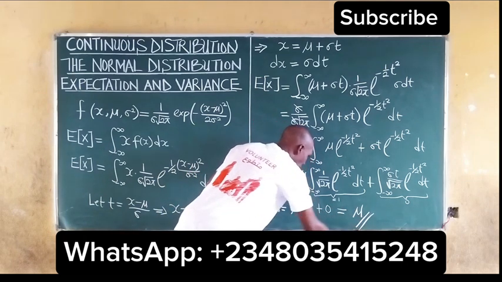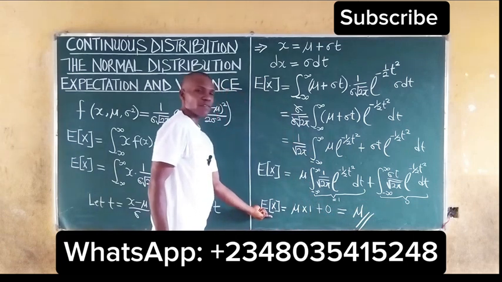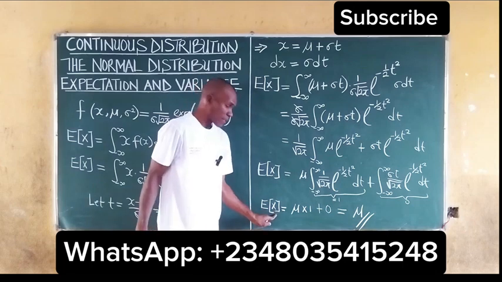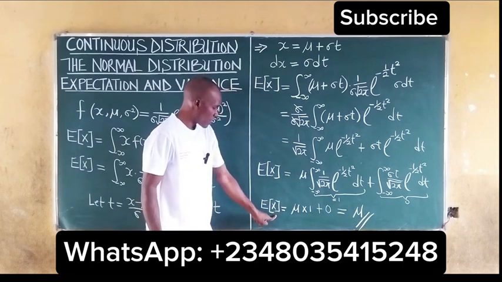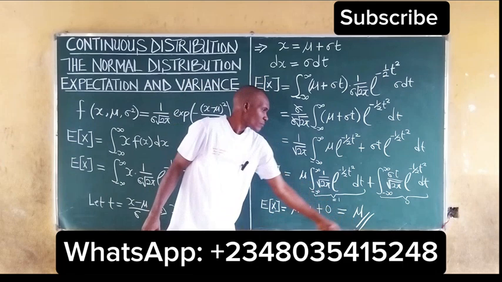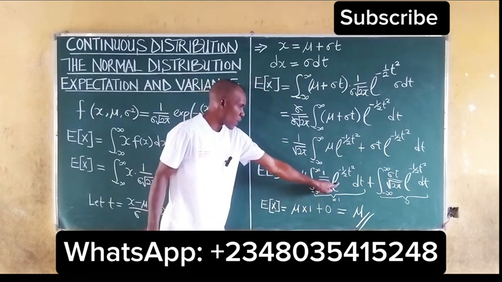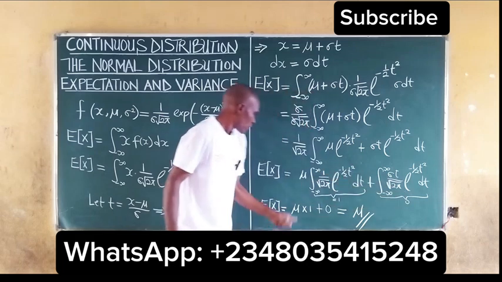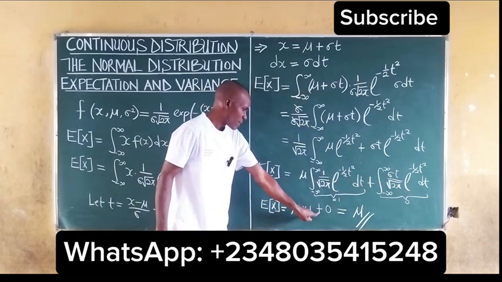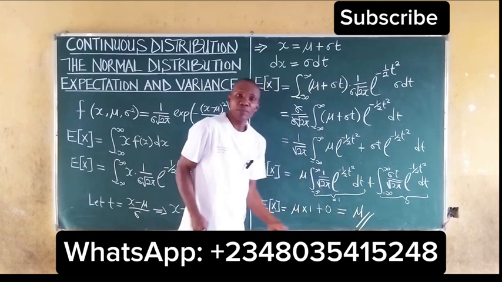So we have our expected value of x here to be mu, because this is 1, this is 0. So mu multiplied by 1 plus 0 is equal to mu.